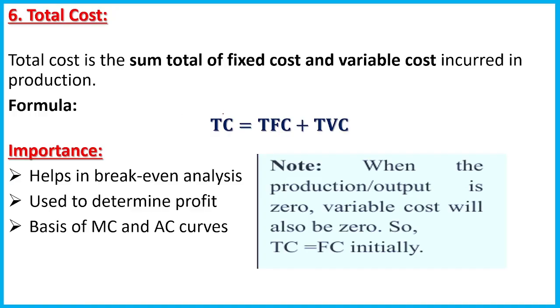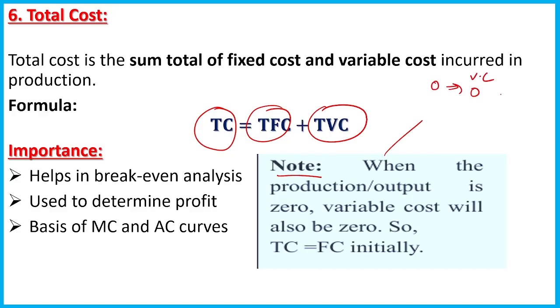Total cost is equal to total fixed cost plus total variable cost. And here you have to note, when the production output is zero, the variable cost will be zero, but fixed cost will be the same, right? When production increases from 1 to 2, the variable cost will also increase from 10 to 20, but fixed cost will be the same. So this is the important thing that you will have to understand.